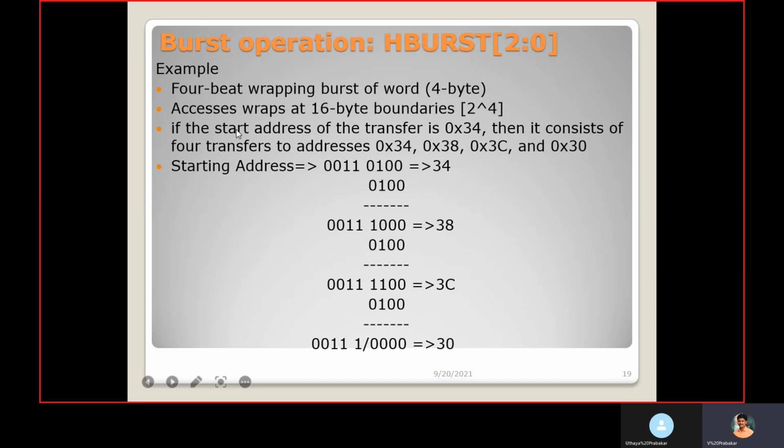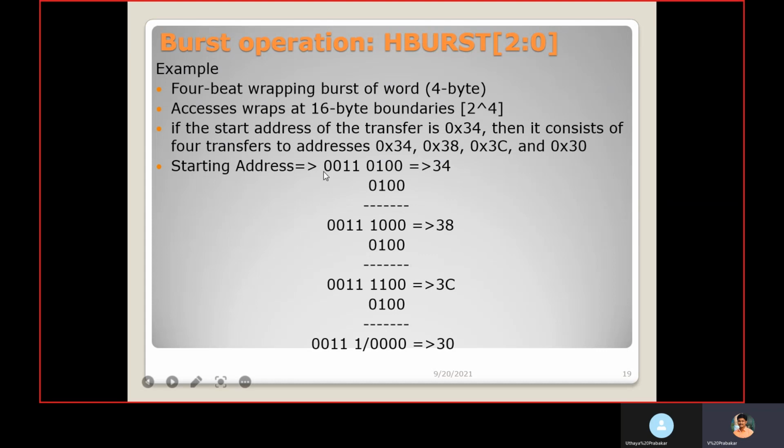I will explain so that you can understand. If the starting address of the transfer is 0x34, then it consists of 4 transfer addresses. The starting address is 34, the next address is 38, the next is 3C, and the next is 30. The starting address we have to mention in the address signal, and the remaining will be automatically incremented based on this calculation.